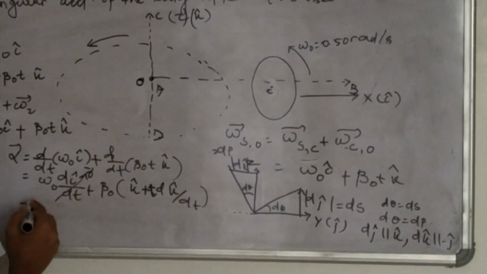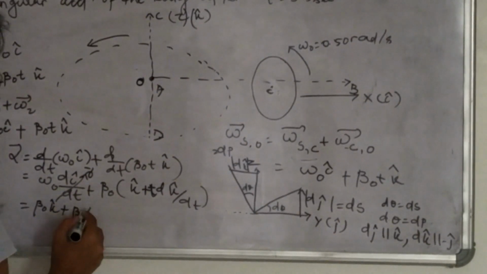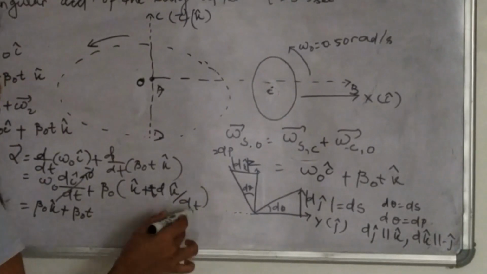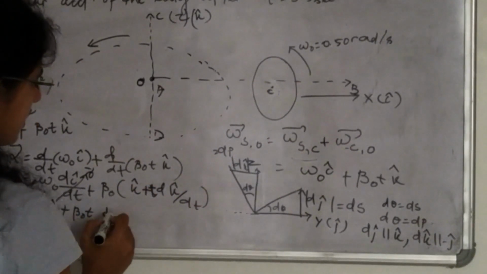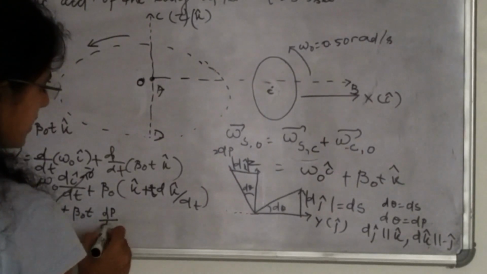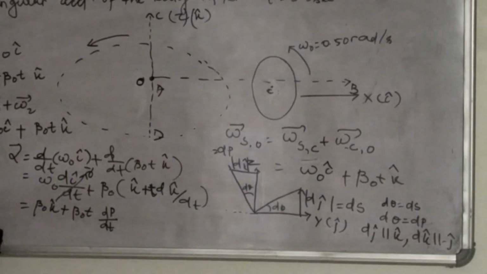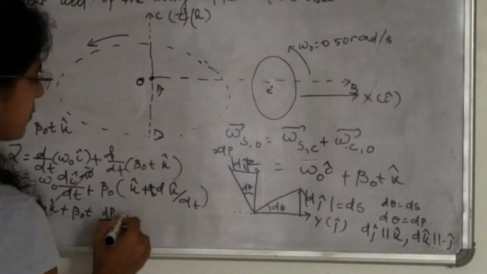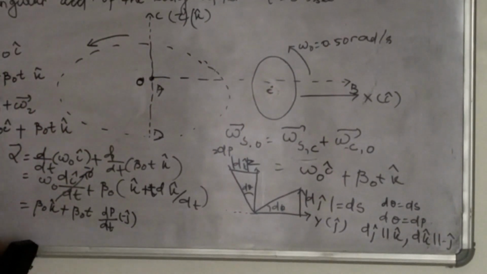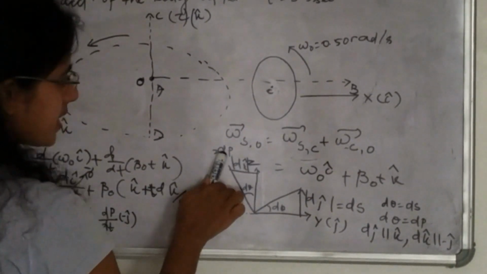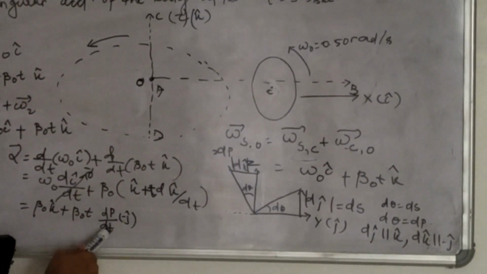Beta naught into k cap plus beta naught into t, d k cap divided by dt. In place of this, I can put how much? The magnitude of d k cap is dp and the direction is along minus j cap, so d k cap is dp into minus j cap.